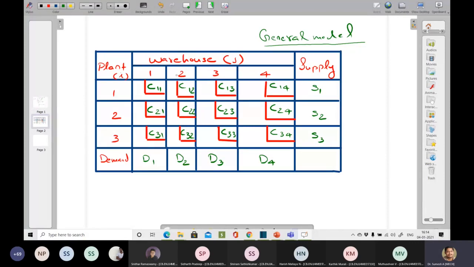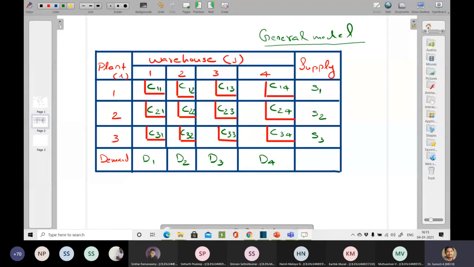Plant 1 can give you a total supply of S1 units. Plant 2 can deliver a maximum supply of S2 units. Plant 3 can deliver a maximum supply of S3 units. That is about the plants: plant 1, plant 2, and plant 3 are restricted with supply S1, S2, and S3.